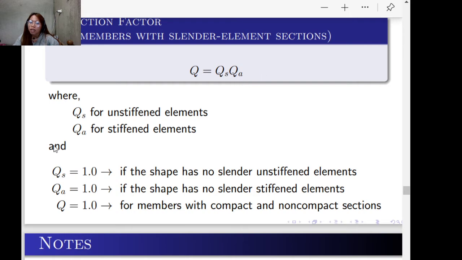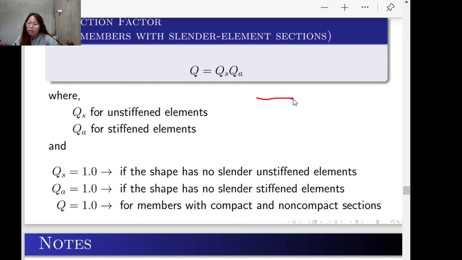The Q sub S is for unstiffened elements, no? We already discussed the unstiffened elements. And Q sub A is for stiffened elements. Let me go back.